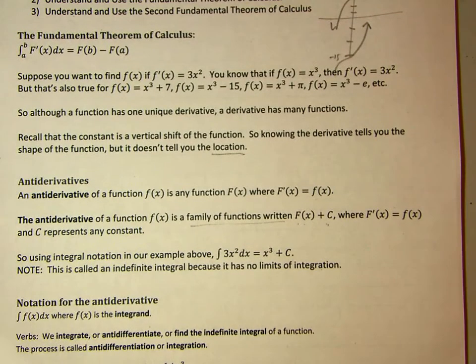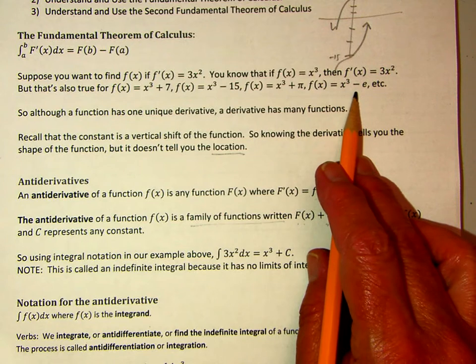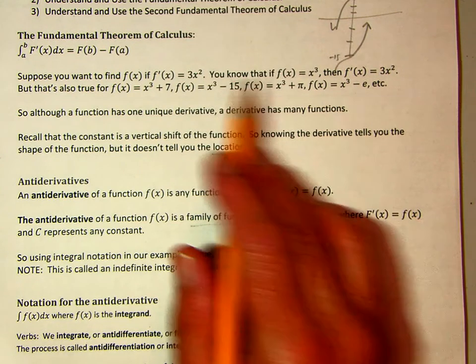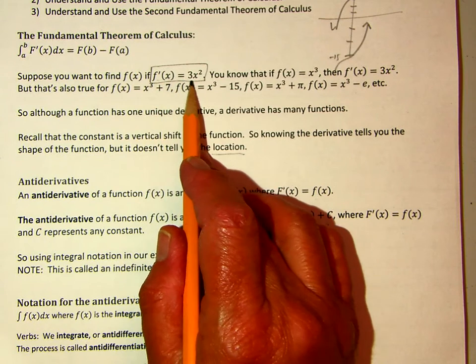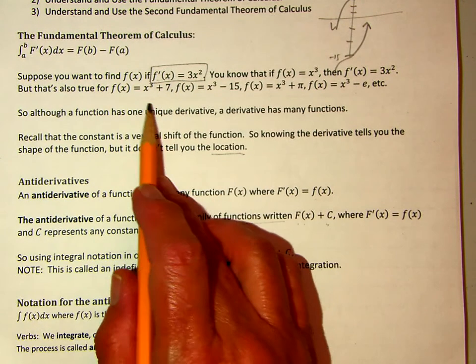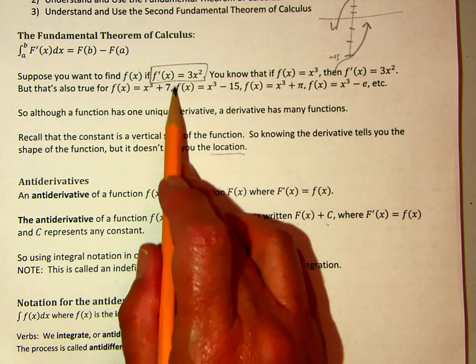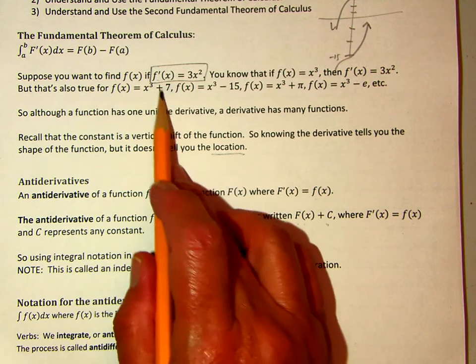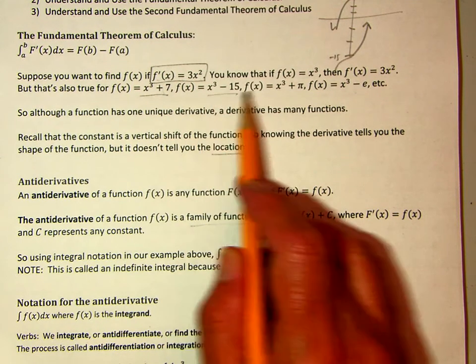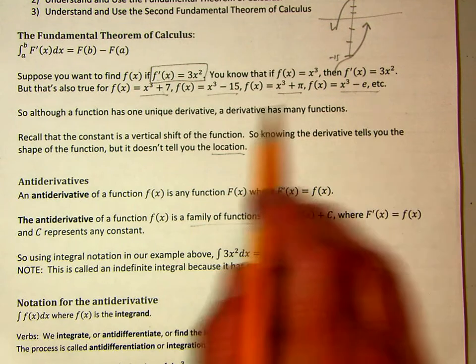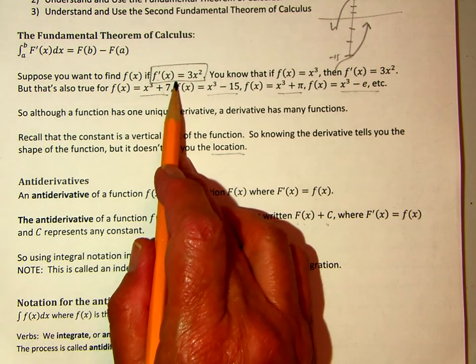So back in our examples here, of course I could not make an exhaustive list of all the functions that have a derivative f prime of x that is 3x squared, because there are an infinite number of them because of all the constants that I could add or subtract from them. So this is part of the family of functions that have this as a derivative.